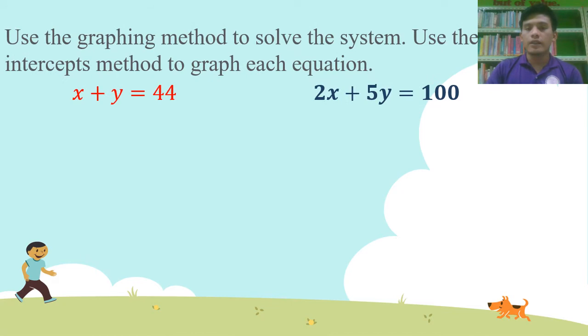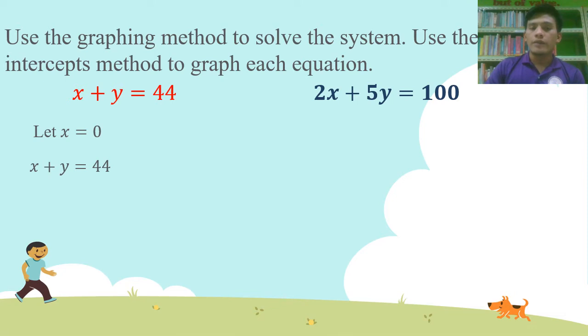Using the graphing method to solve the system, we use the intercepts method to graph each equation. To graph each equation by intercepts method, we let the value of x and y be equal to 0. First, let x is equal to 0.